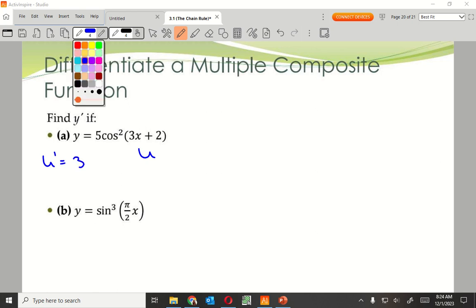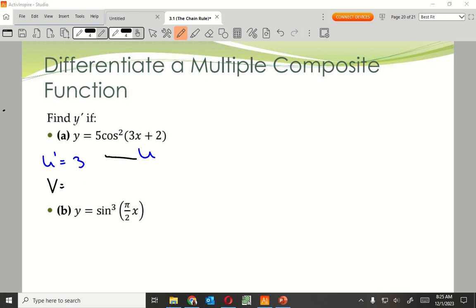And then this next piece, the cosine, is going to be my v, because the next variable we use for substitution is v. Okay, what's my v going to be? No. Remember, cosine is going to be the next one.